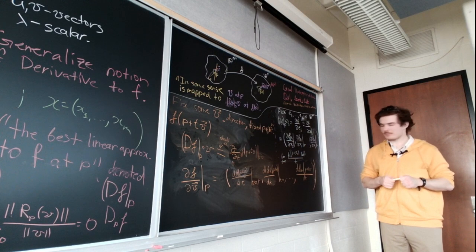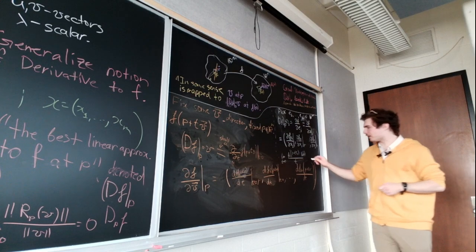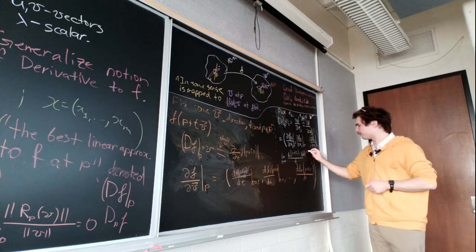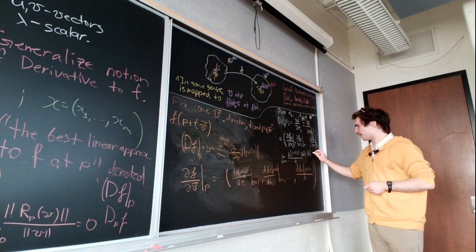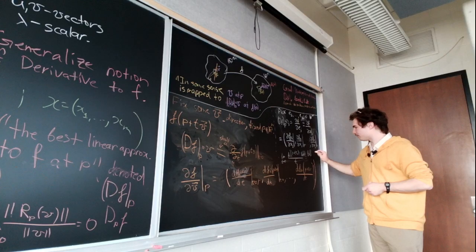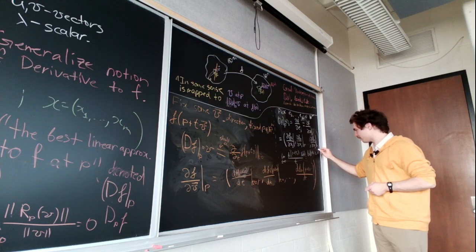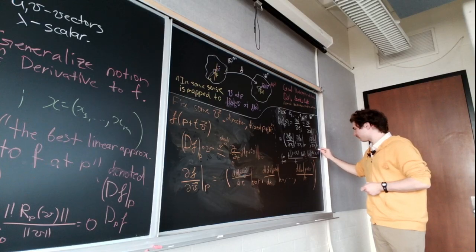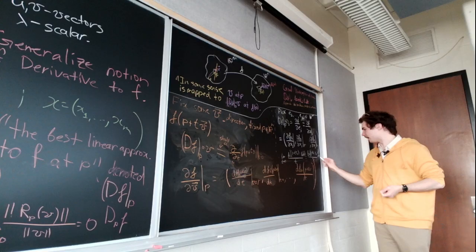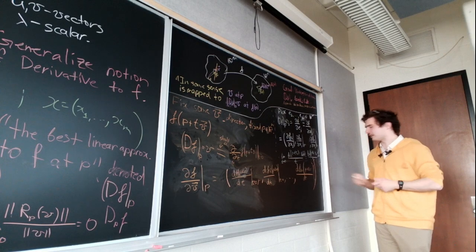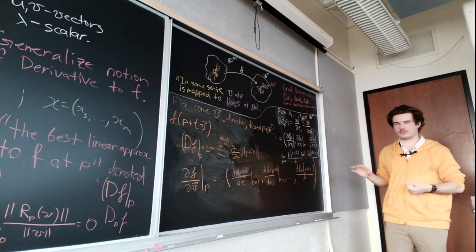But this is really the same as doing f at p plus 0, 0, 0, xj, 0, 0, 0, 0, minus f at p, divided by xj, and I'm doing this at xj equals 0, and then you can shift it for xj to be the right value.